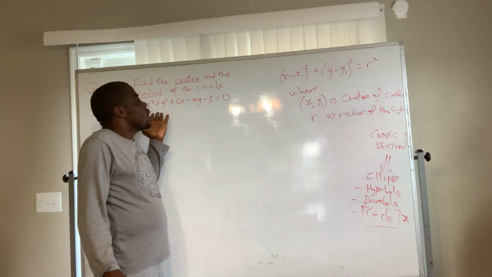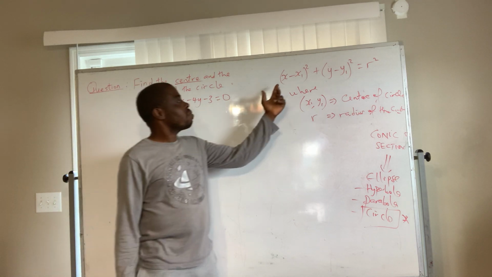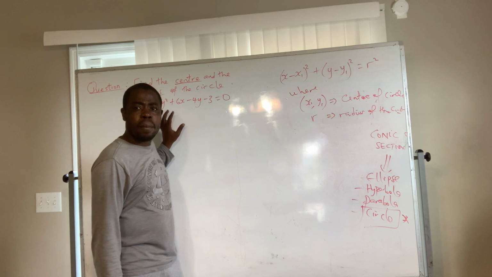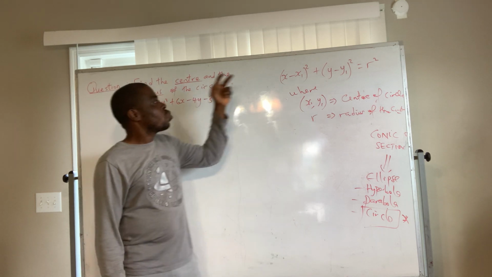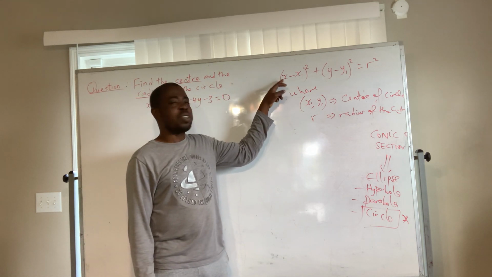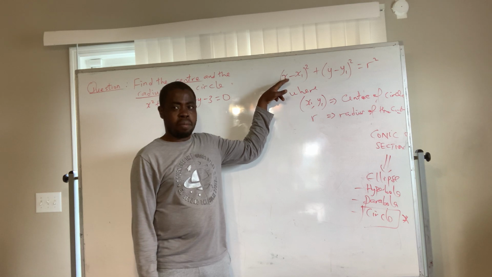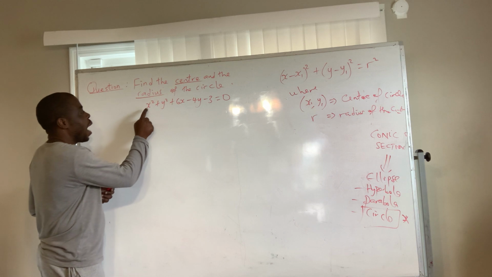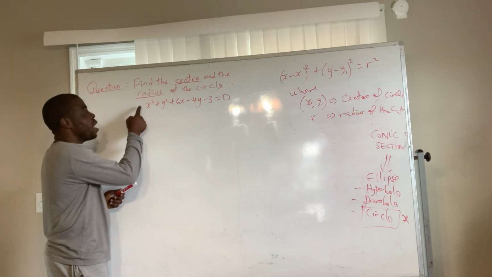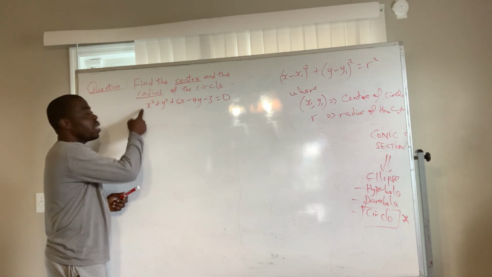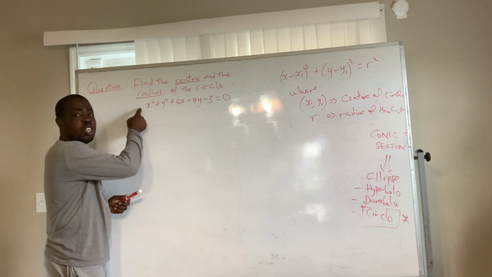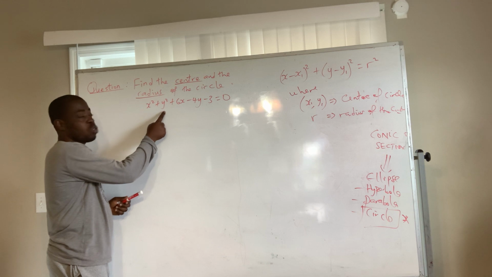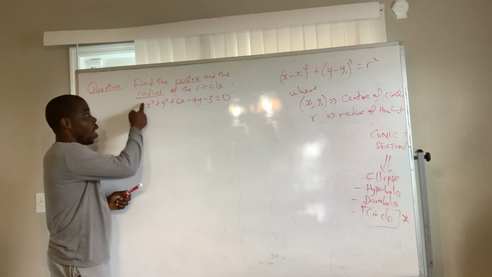Now, this is not looking like the standard form. I need to transform this equation to look very similar to it. Luckily for me, I do not have non-unity coefficients beside my x squared and y squared, so I don't need to divide, because this is 1, this is 1.